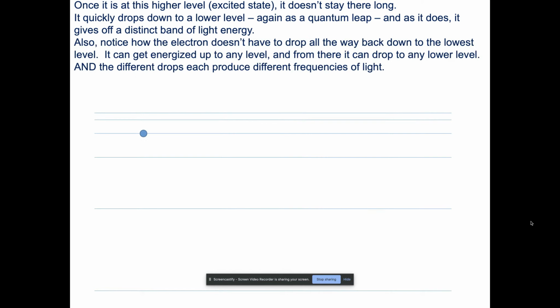Say instead its excited state is even further up in the 4th energy level, and it releases energy to move back down to the 2nd level, and notice that was a different color of light. So this is why we're getting unique light produced by different metal ions in the flame test lab, because they all have unique electron configurations. And you're seeing a combination of all of those unique ground state, excited state movements.